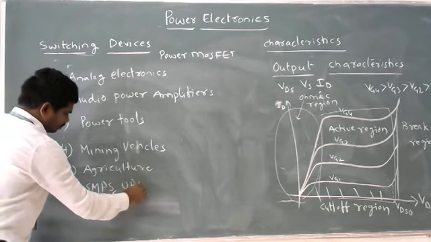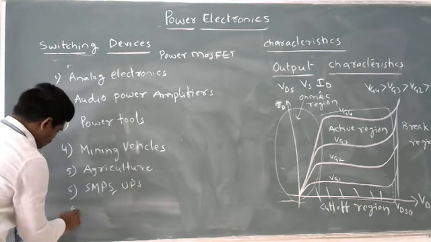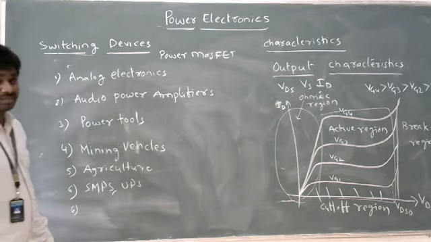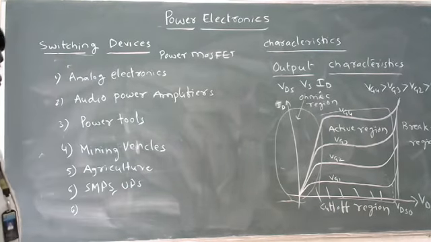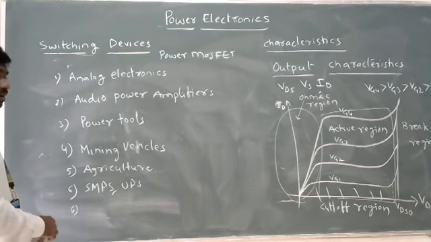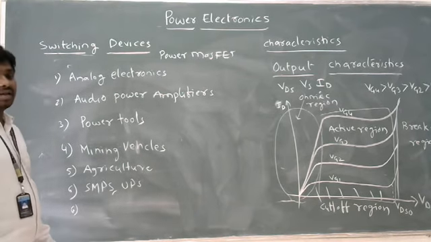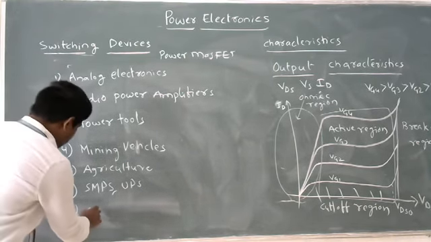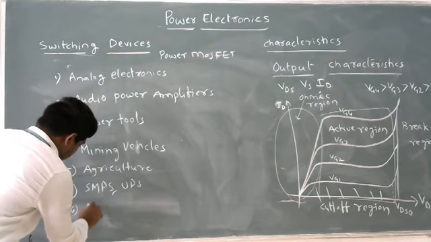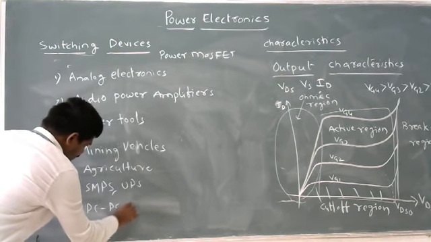As I said, SMPS, UPS systems, and DC-DC converters, as a switch. In a DC-DC converter, when we see the configuration, we use the power MOSFET. IGBT also can be used, but based on its applications, we use the power MOSFET.